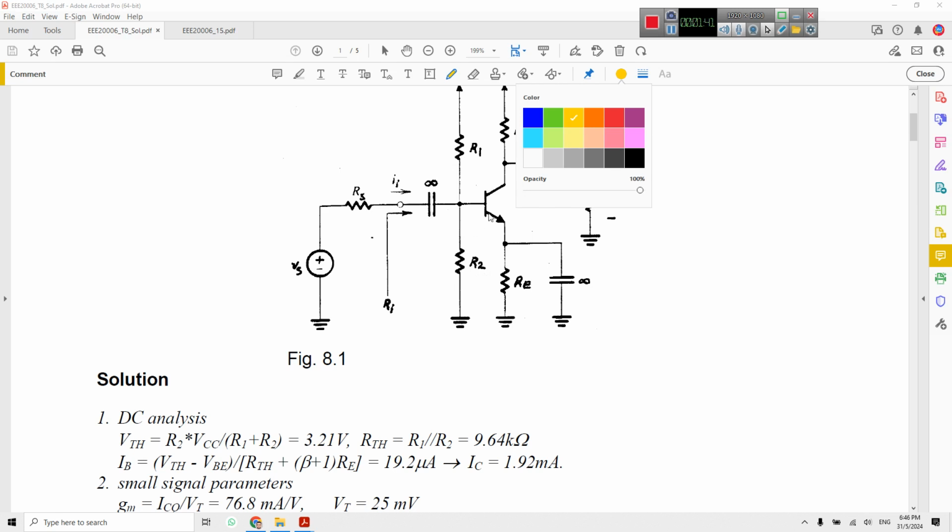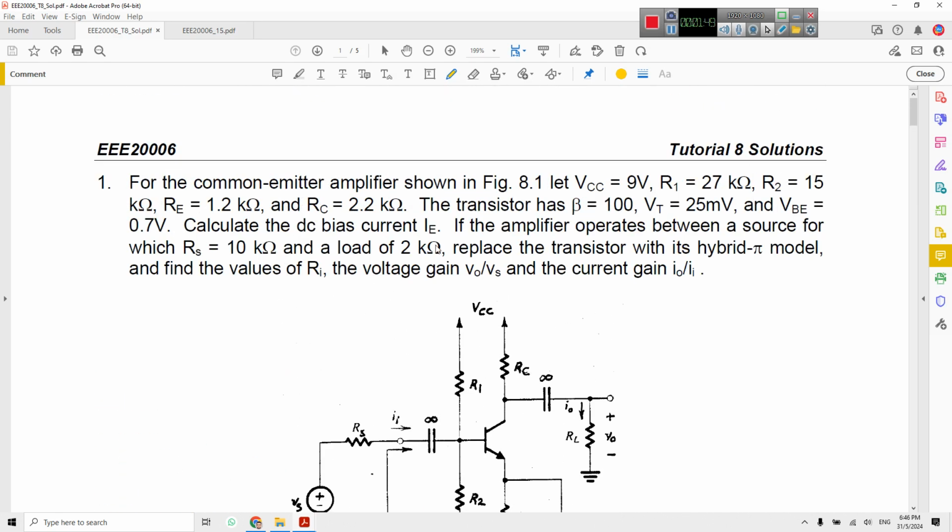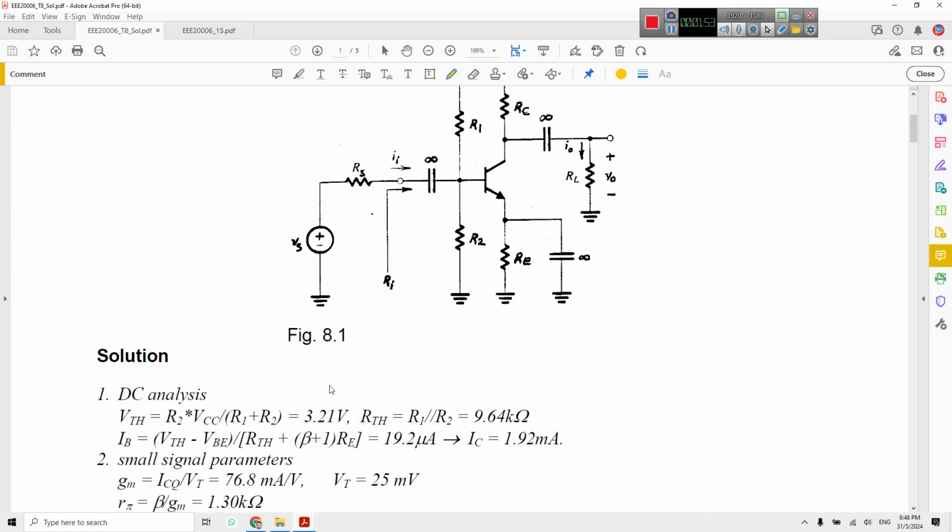R2 and R1 are given here, then VCC is given here. The value of VCC is 9 volt. So calculated V Thevenin equals 3.21, and R Thevenin is R1 and R2 in parallel.